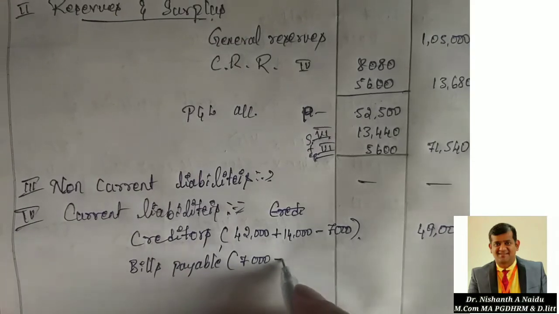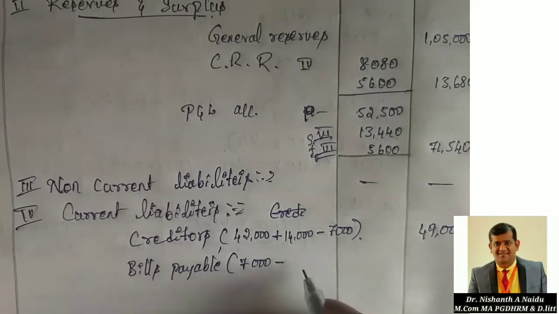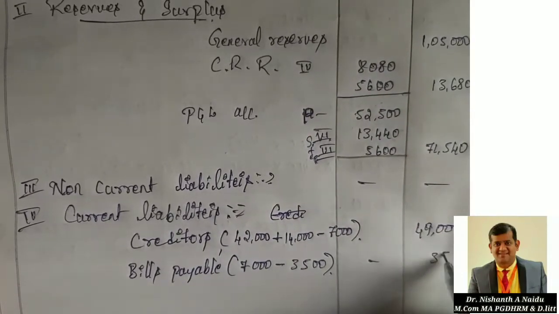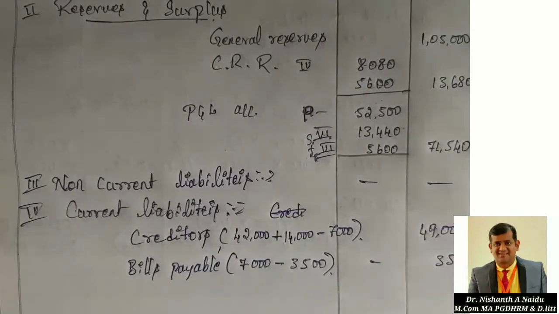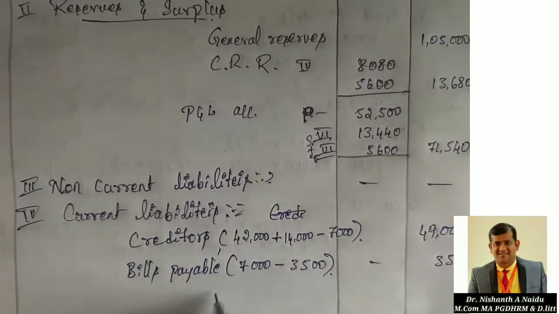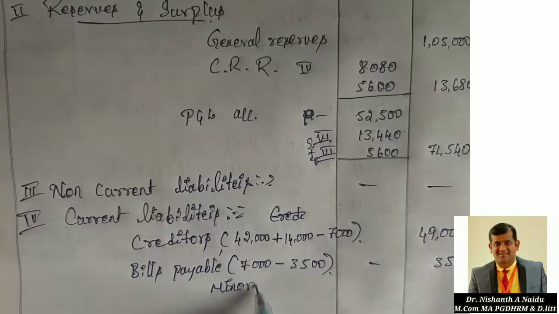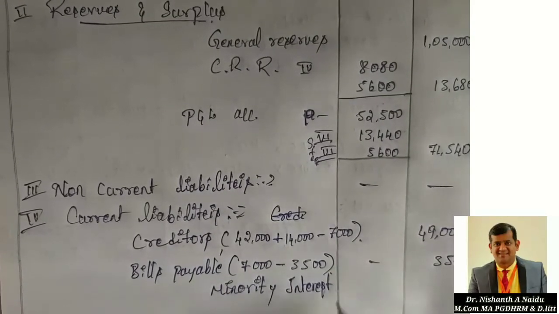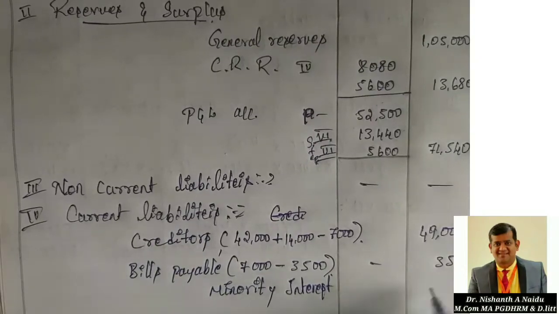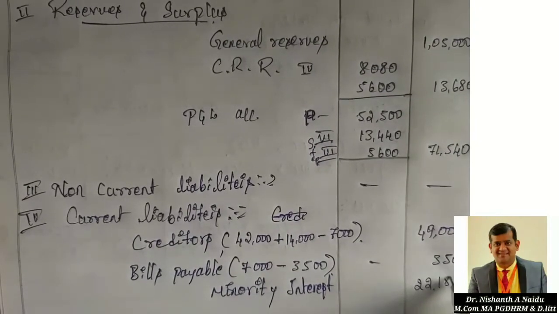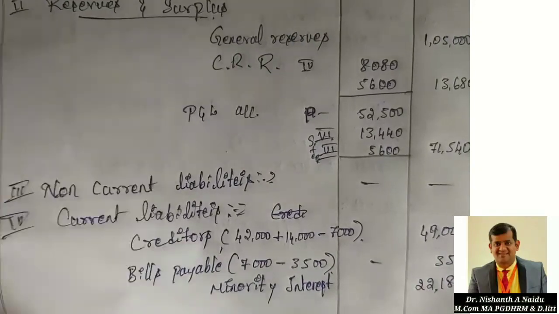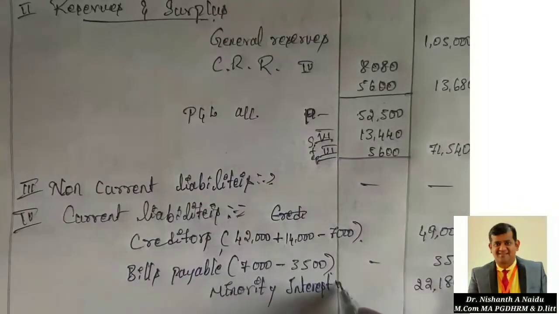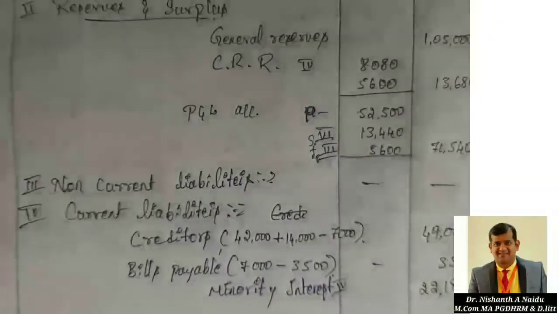So internal transfer, that becomes minus 3,500. So 3,500 is left out to the outer column. The last but not the least, minority interest. Minority interest how much? 22,180 rupees. If you look at adjustment working note 4, you will get 22,180.